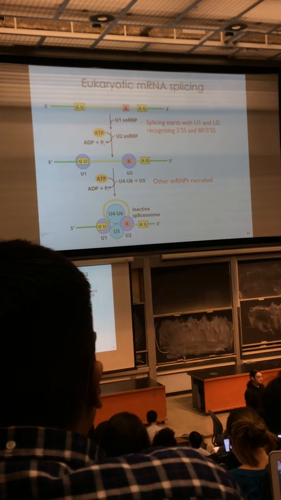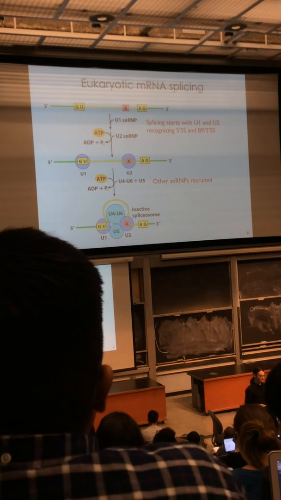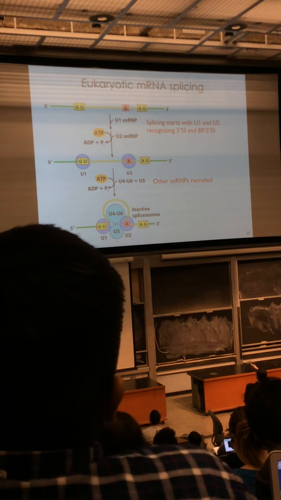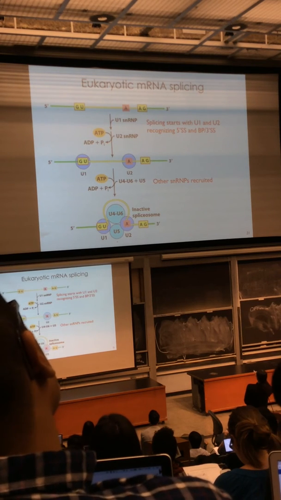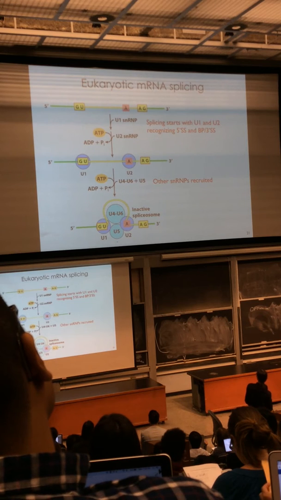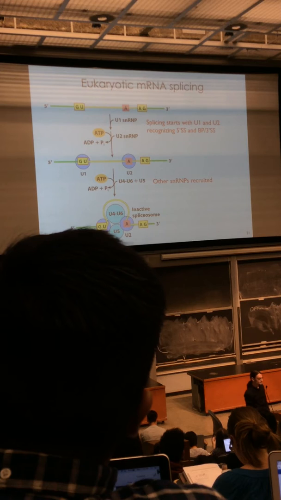So the recognition of a splice site by the spliceosome proceeds first by the assembly of the U1 snRNA, which is going to base pair with the 5' splice site, and the U2 snRNA onto the branch point that's quite near the 3' splice site. This process does involve ATP hydrolysis.